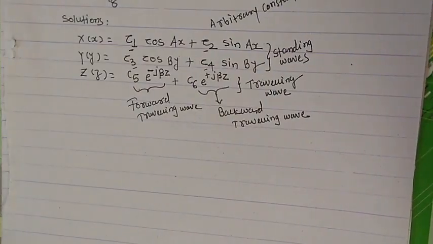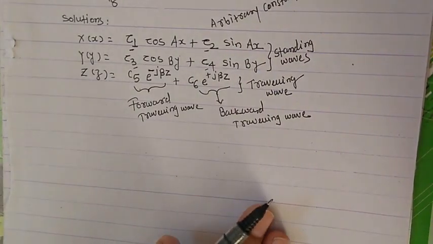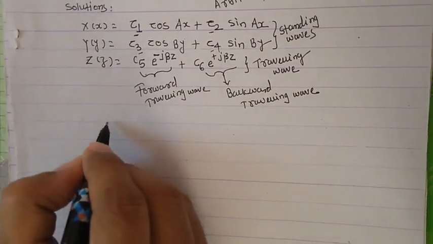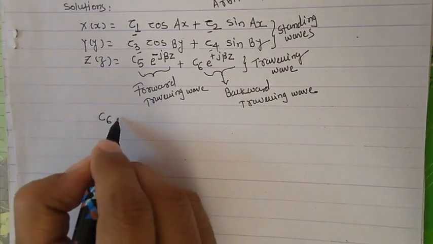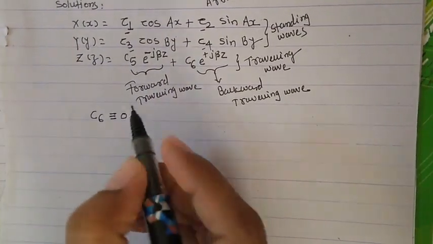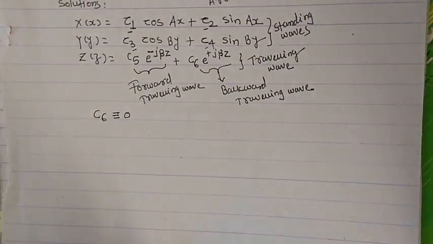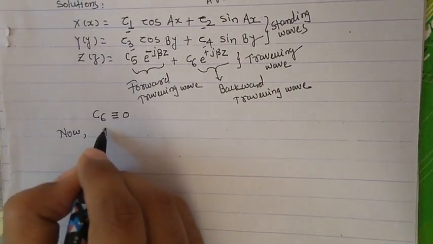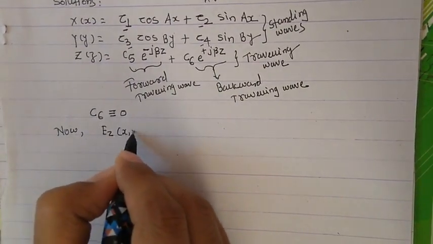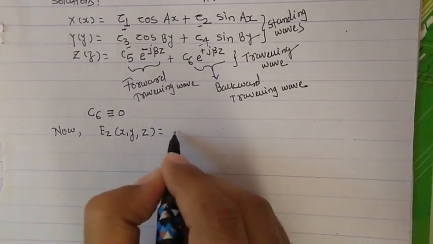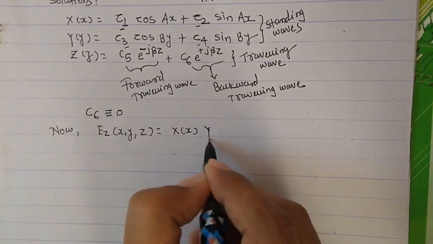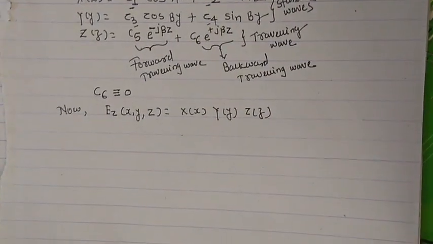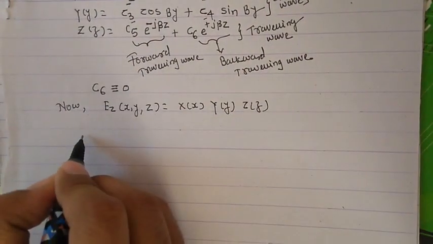Then for no backward wave, C6 must be 0. Now you know the solution for Ez, which is a product of X(x), Y(y), and Z(z).